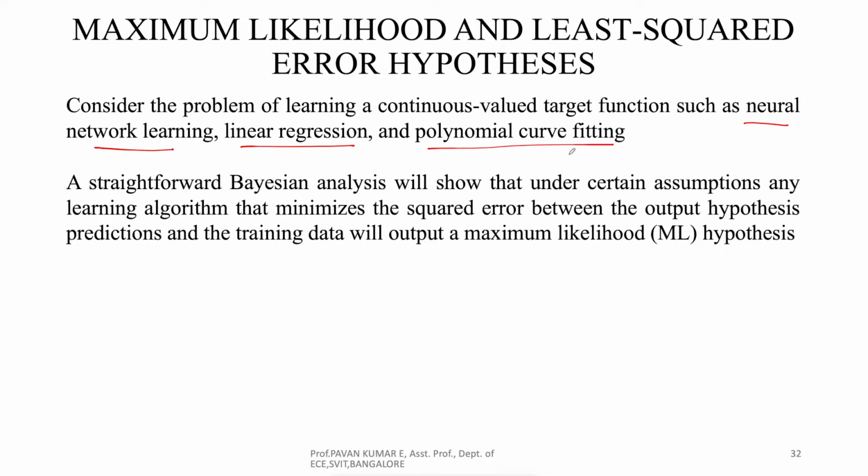So in a straightforward Bayesian analysis, under certain assumptions, any learning algorithm that minimizes the squared error. So when you are training your system or a machine, we expect that it should have less error.